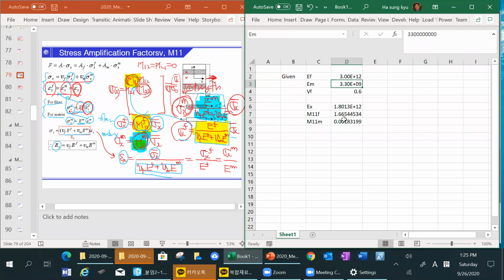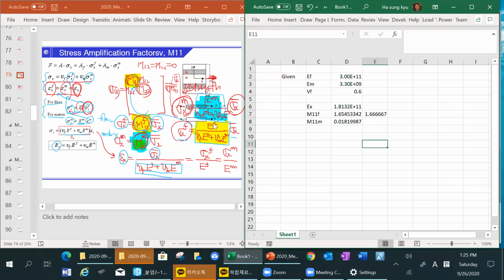It's not that easy to observe, but as you can see here, first of all, M11F, this yellow one, if EF is larger and larger, is very close to 1 over VF.